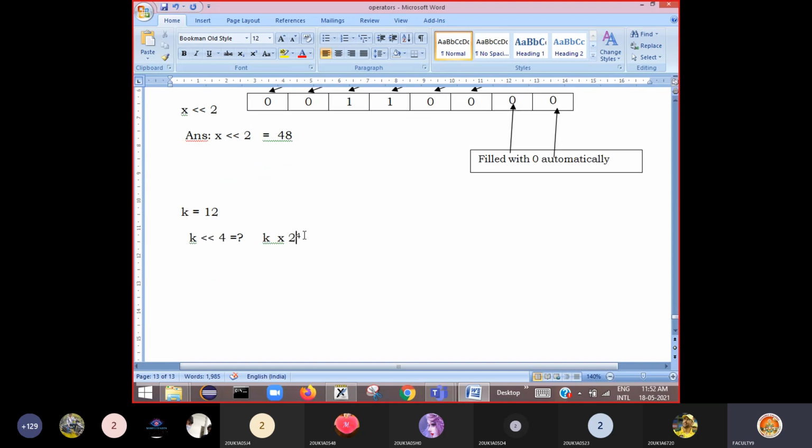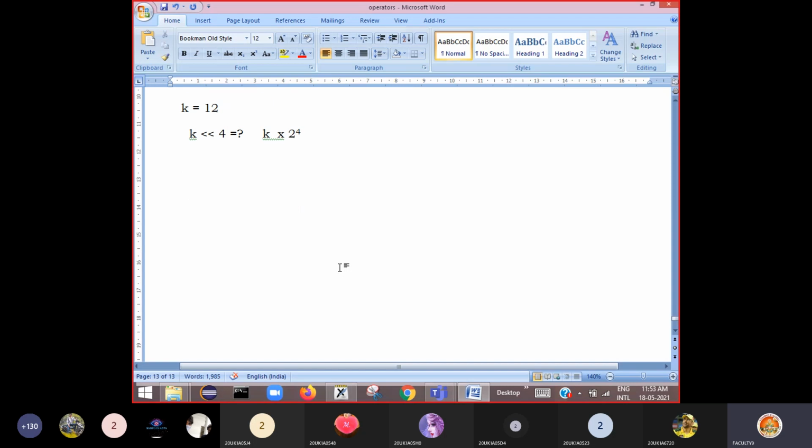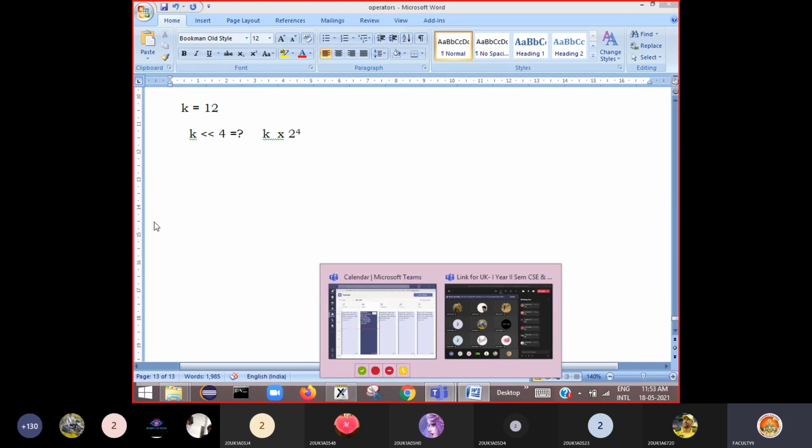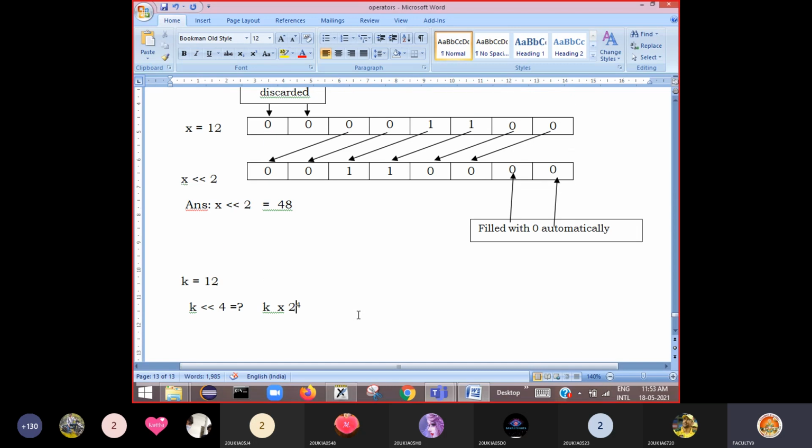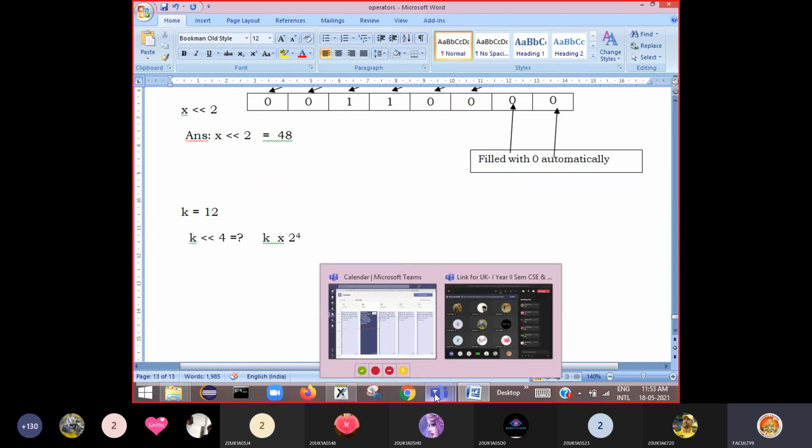Similarly here, this is 2 power of 4. K value is 12. 12 into 2 power of 4 is 190. How much are we getting? 96, is it the correct answer?